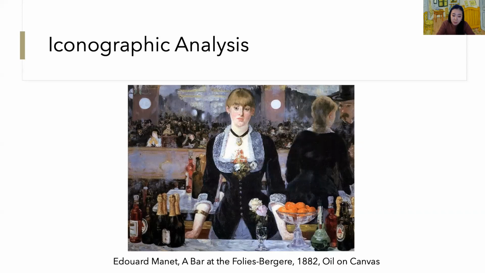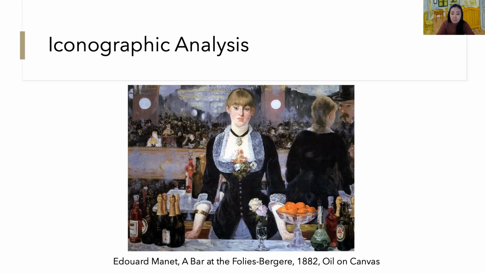According to art historian Lety L. Ligo, Manet identifies the barmaid as a prostitute, since he habitually associated oranges with prostitution in his paintings.